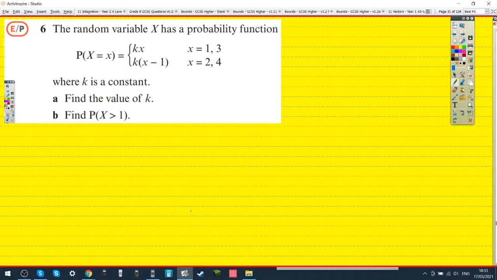Table as well? If you insist. And then at the top we can put 1, 2, 3, 4, and the bottom kx.